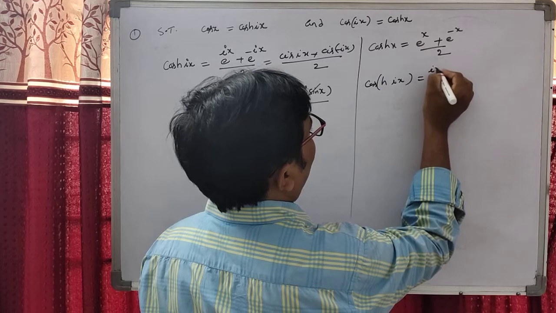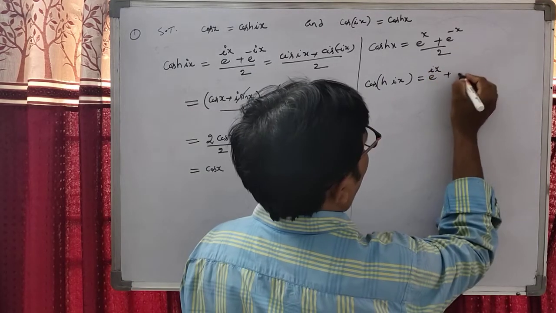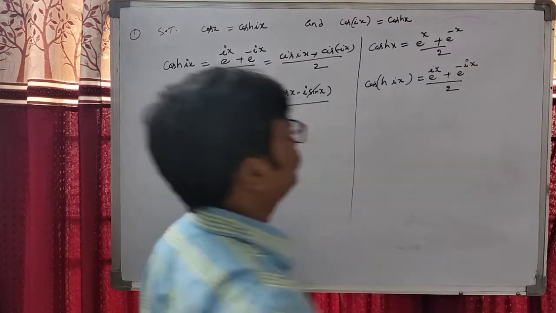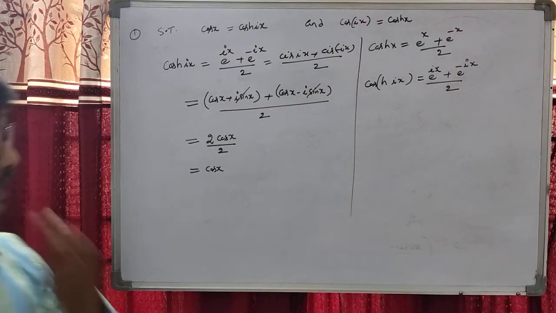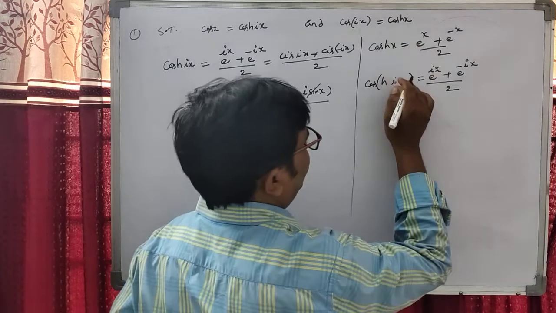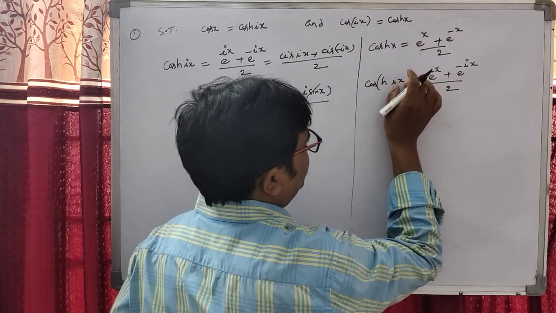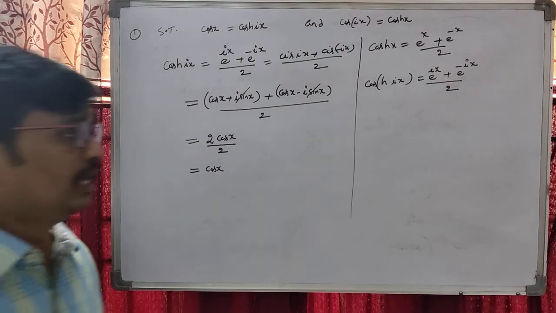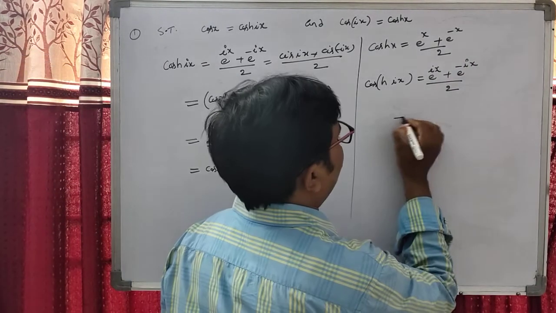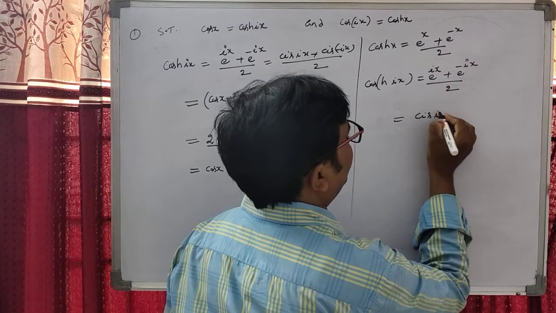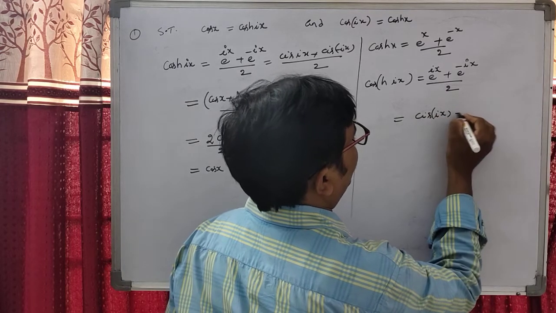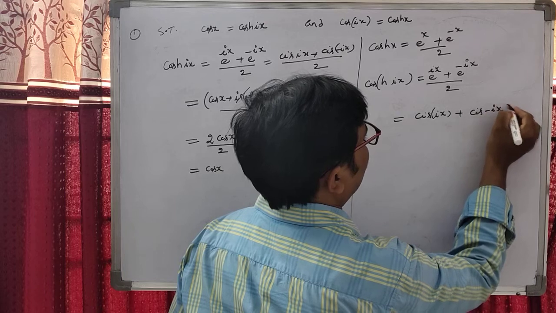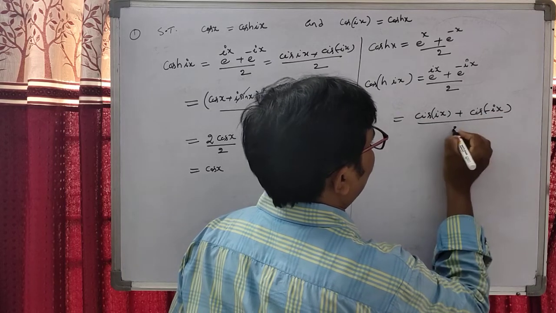This is e power ix plus e power minus ix by 2. We can replace x by ix on both sides. Now students, e power ix is cis of ix, and after that, cis of minus ix, whole by 2.